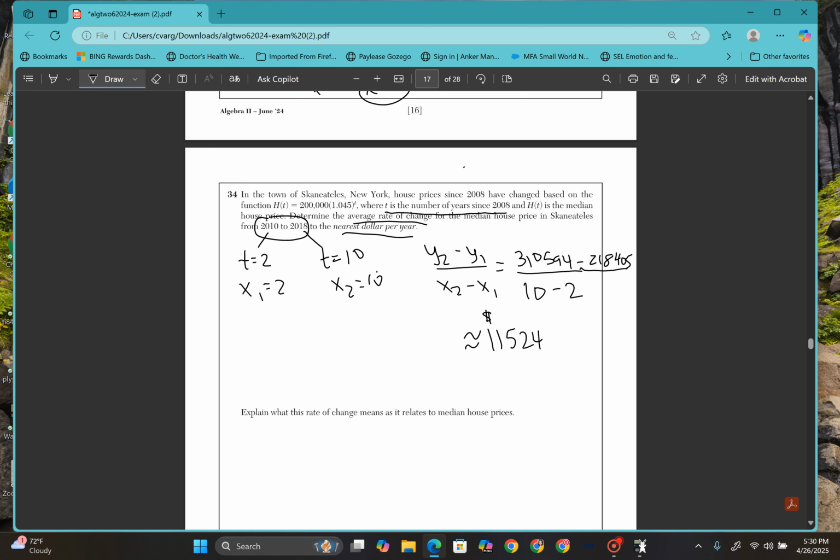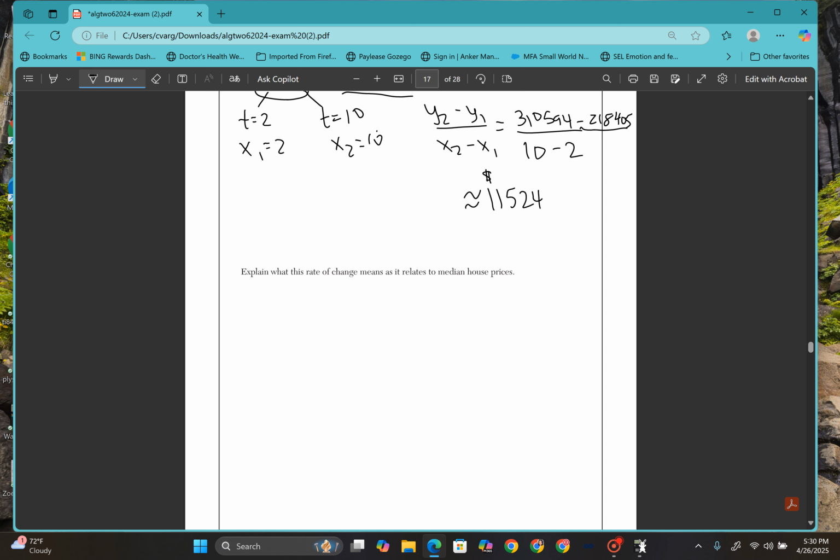Okay. So then it says explain what this rate of change means as it relates to house prices.